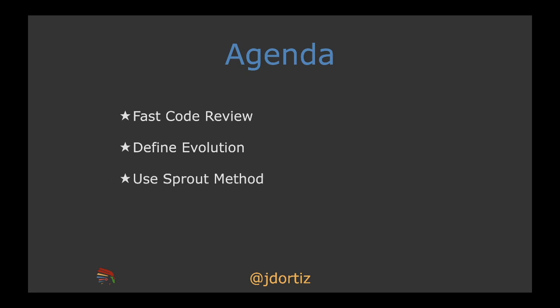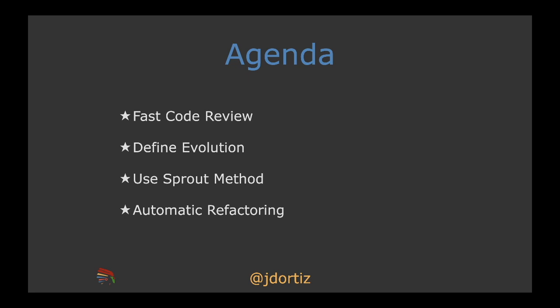And then I will use a sprout method in order to be able to modify the behavior to evolve things outside of the code that we currently have in this implementation. And finally, I will show some example of an automatic refactoring to do that.